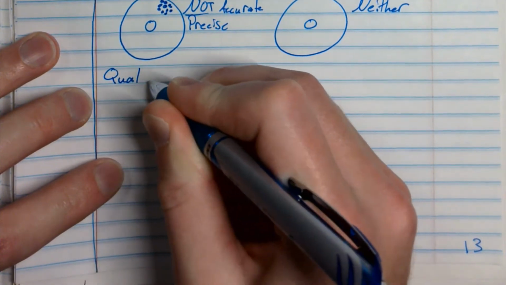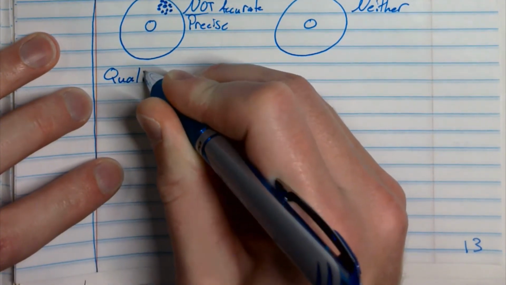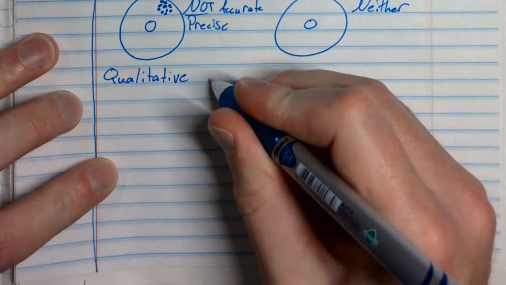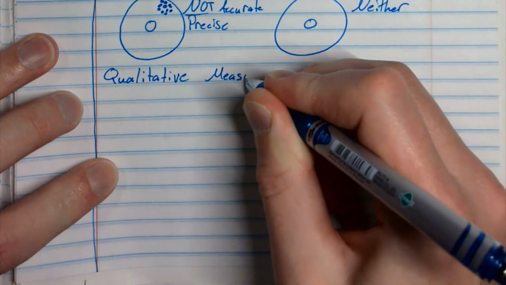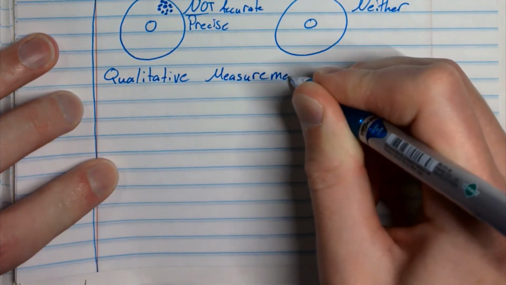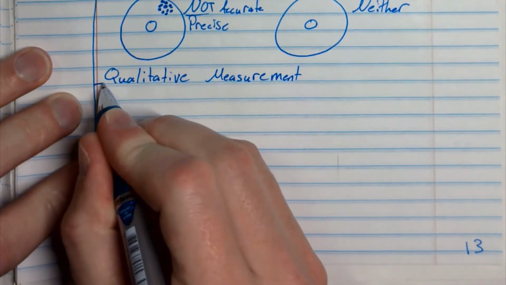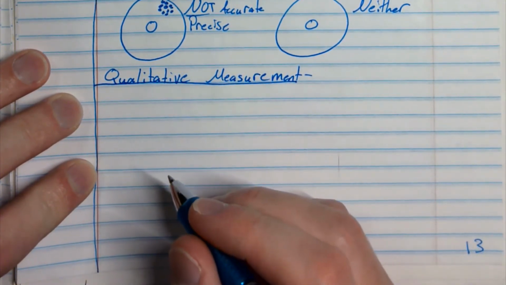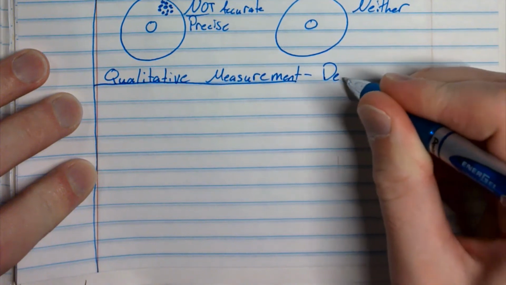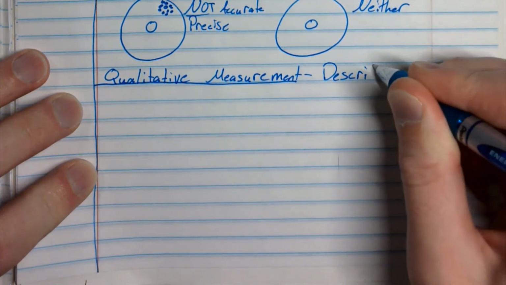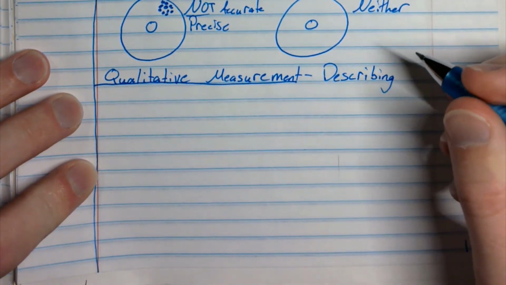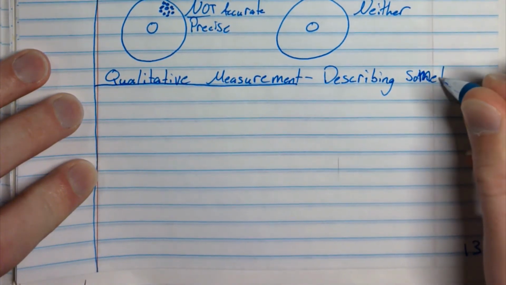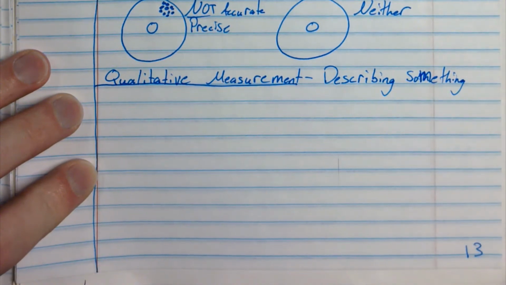Qualitative measurement. That's a really long two words. So that one is describing something.